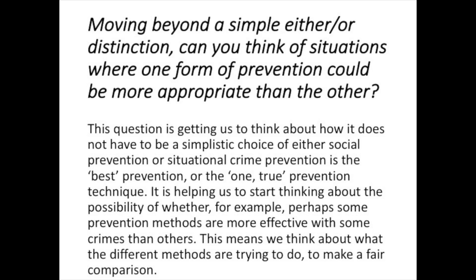Now, this next question is asking that we move beyond an either-or distinction, right? We're moving beyond saying, oh, social prevention is the best, situational prevention is the best, and instead thinking of situations where one form might be more appropriate than the other, yeah? So this is getting us thinking about how crime isn't just this one singular thing. There are different types of crime.